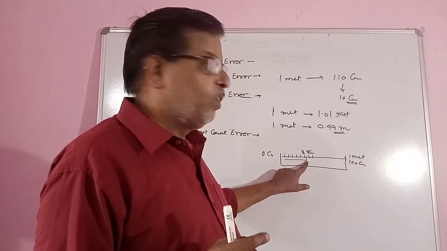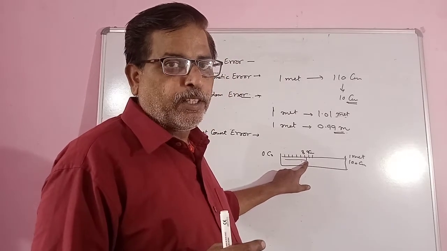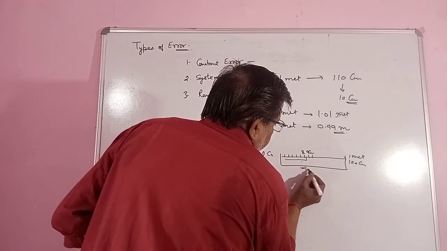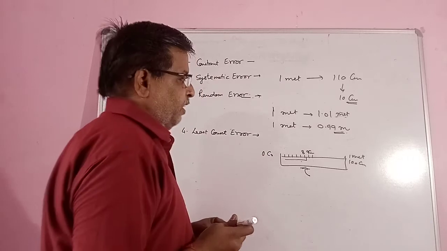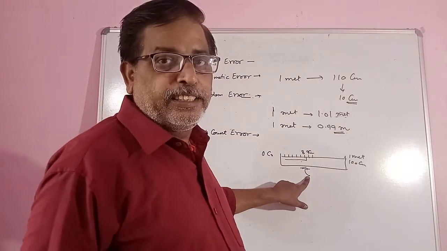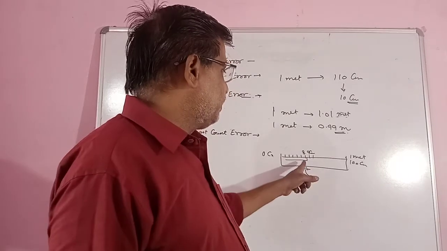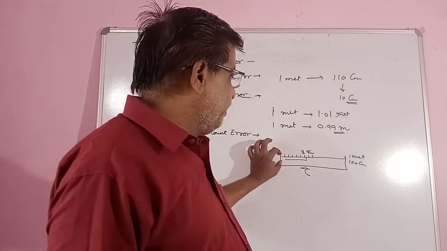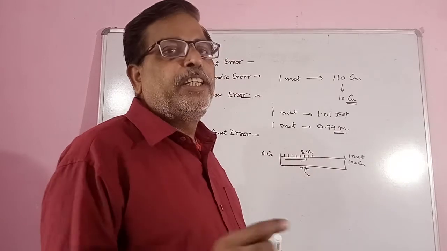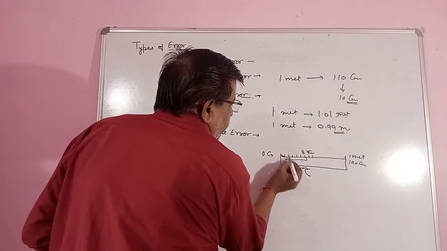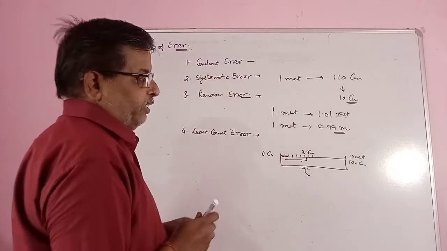So we are leaving this small distance. This is least count error. Suppose this scale is also calibrated in millimeters.